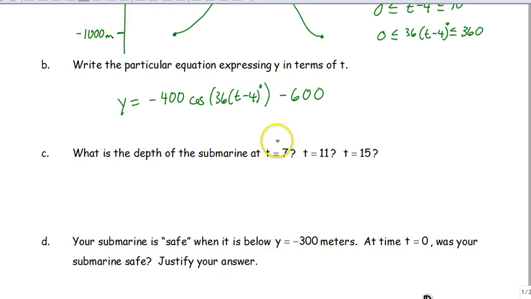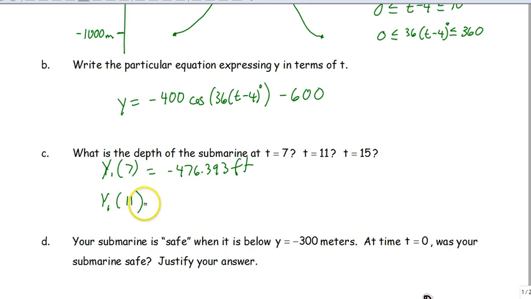I'm going to show you D though, because this is just doing y1 of 7, y1 of 11. So y1 of 7 you should get negative 476.393 feet.